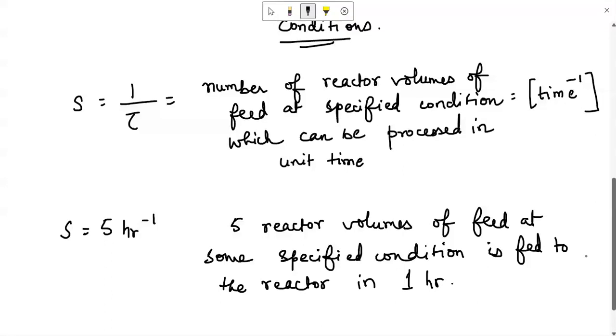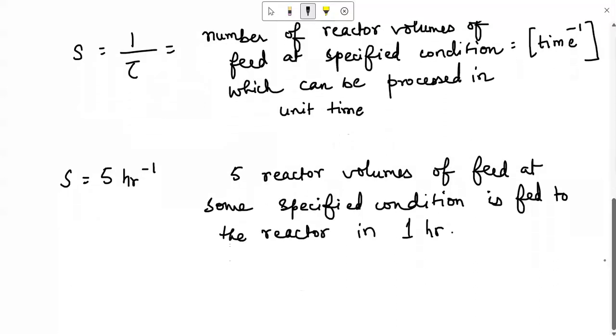Okay, so 5 reactor volumes of feed at some specified condition can be treated in the reactor in 1 hour. That is your space velocity of 5 per hour.